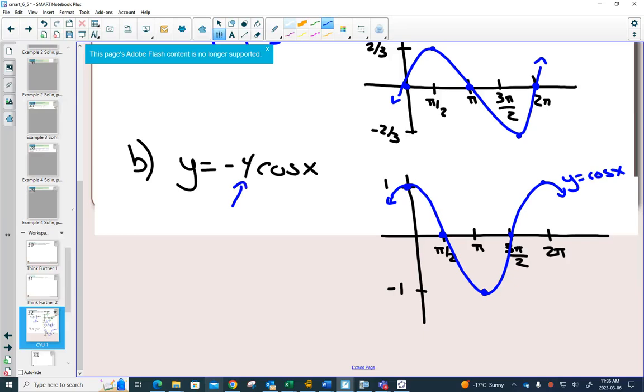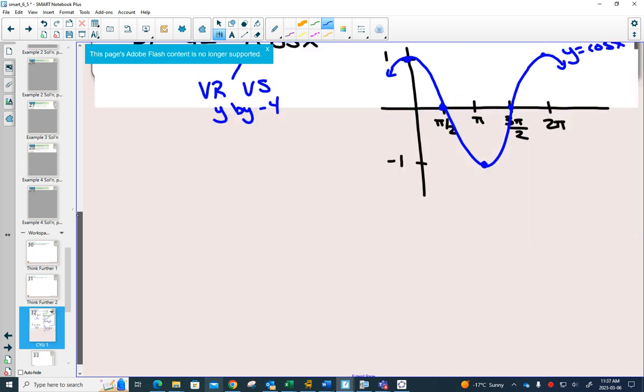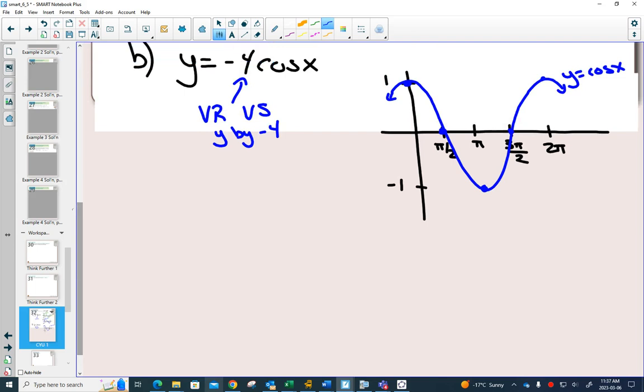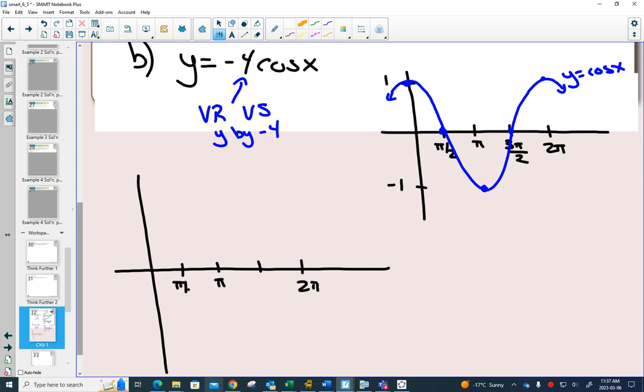This negative 4 is going to be a vertical reflection and a vertical stretch. We'll multiply our y values by negative 4. What does that do to our graph? Well, it doesn't change my x values, so I still have a period of 2 pi. I can label my axes family, divide this into 4 equal sections.